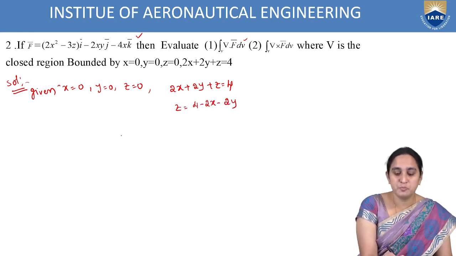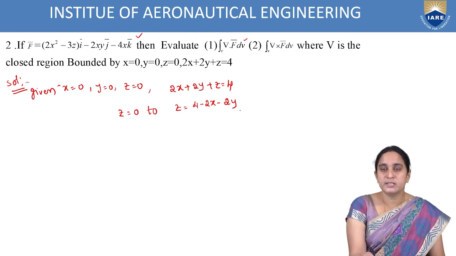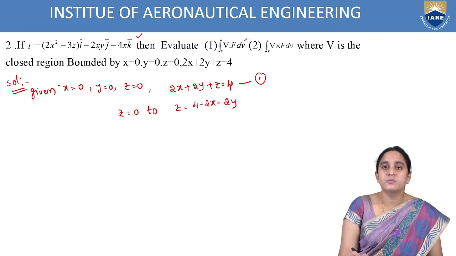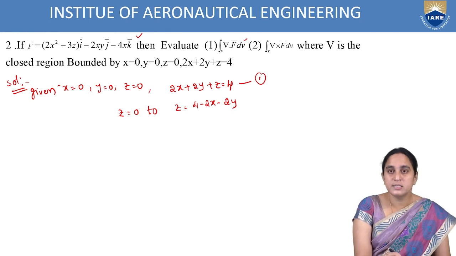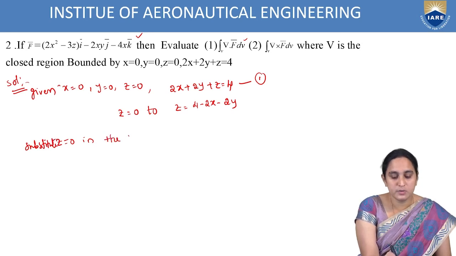Therefore, what are the z limit points here? z limit points are z is equal to 0 to z is equal to 4 minus 2x minus 2y. Let us take this as the first equation. After we got the z limit points, if you are substituting z is equal to 0 in the first equation.